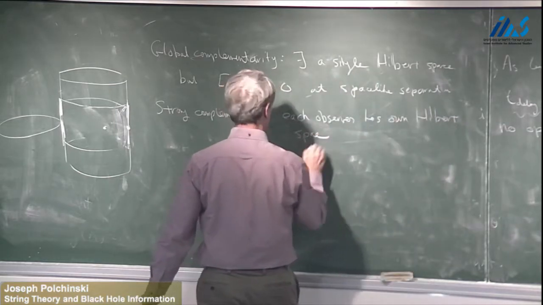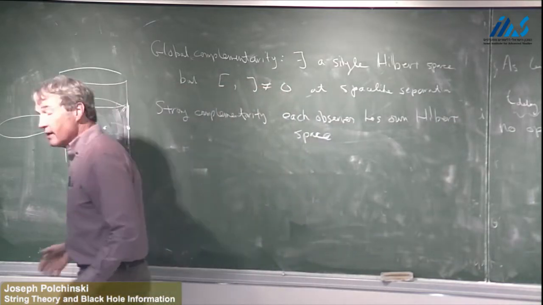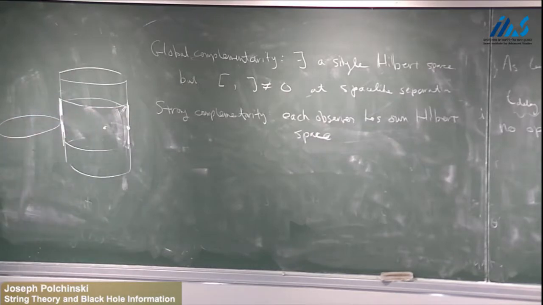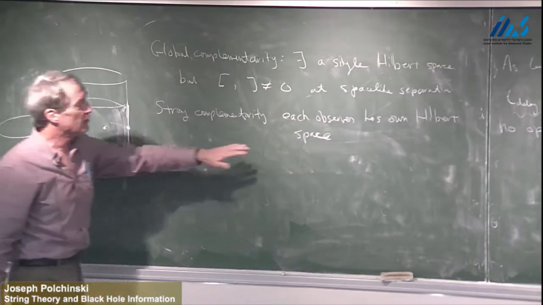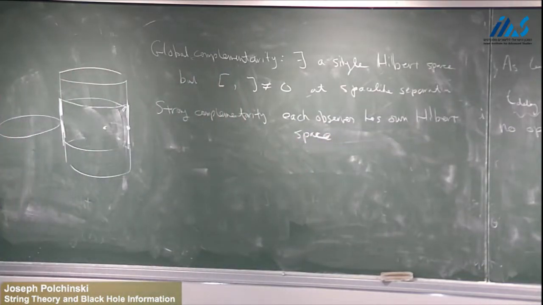So this is very different. In fact, this is nice from the point of view of quantum mechanics: you have a single Hilbert space. This is already a weakening of quantum mechanics because it means that the Hilbert space structure is somehow subordinate to the causal structure.